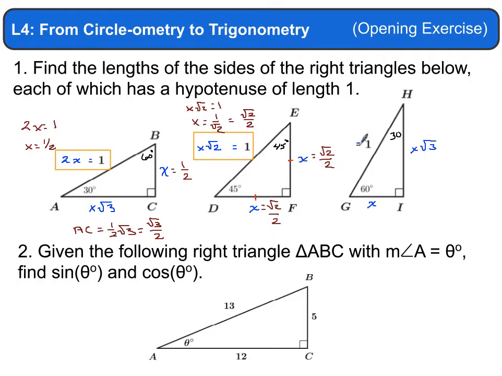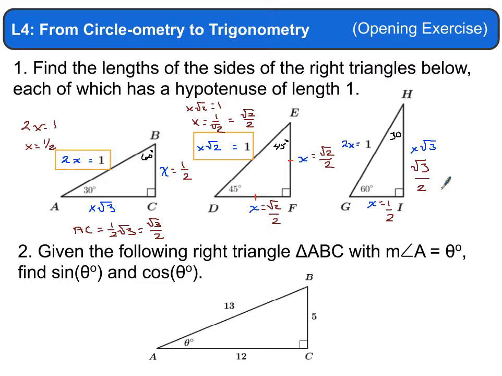And then opposite the 90, the hypotenuse, is our 2x. Now, we technically already solved this one because it's the exact same triangle as what we have over here. So we know that x is going to equal 1/2. And then over here, this is going to be the square roots of 3 over 2.